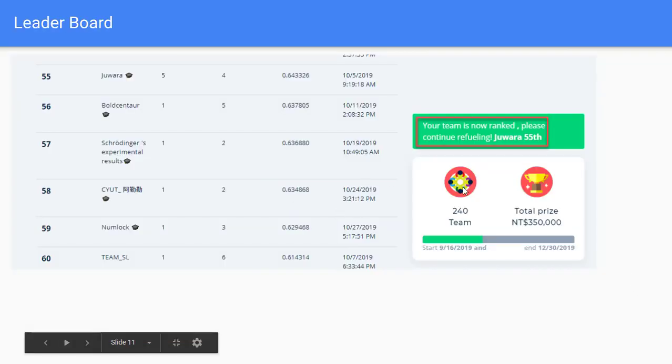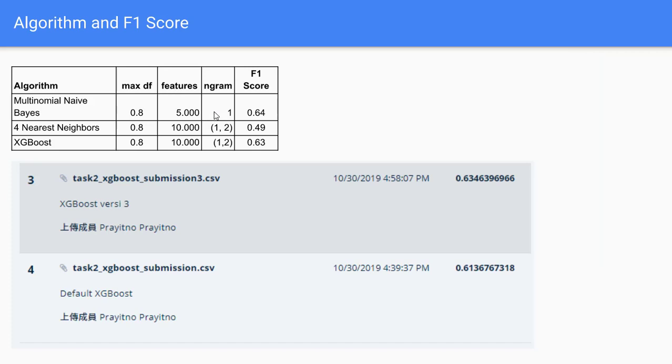So after I submit, we get the score and also the ranking from the public leaderboard. As you can see in the pictures, after I submitted the machine learning algorithm, I got a 64 F1 measure and got the 55th ranking. I did experiments with several algorithms.